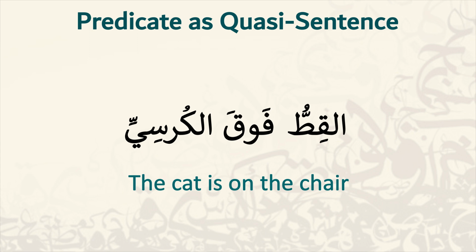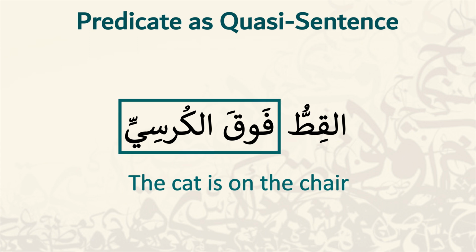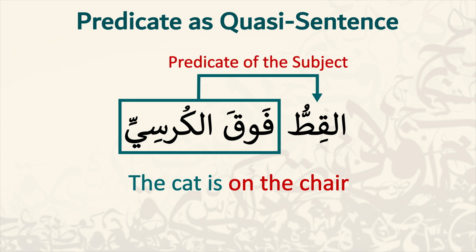So the quasi-sentence فوق الكرسي, on the chair, is the predicate of the subject. In the first example, the predicate is a quasi-sentence of a preposition and a noun. And in the second one, it's a quasi-sentence of an adverb and a noun.